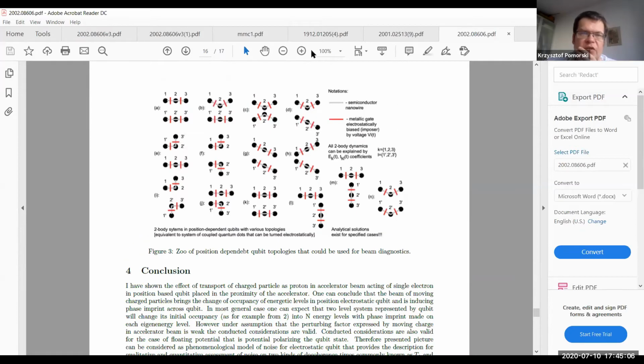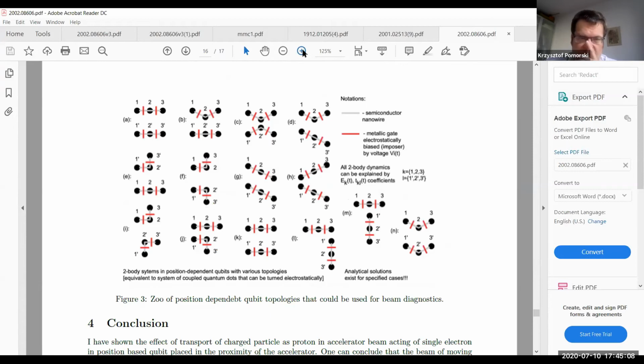I will not describe the details. Just to let you know, we can have a whole zoo of qubits of different topologies that can be represented in the same type of formalism as described. We can have two parallel lines, a V-shaped parallel line, all sorts of topologies, and you can use this tight-binding approach.